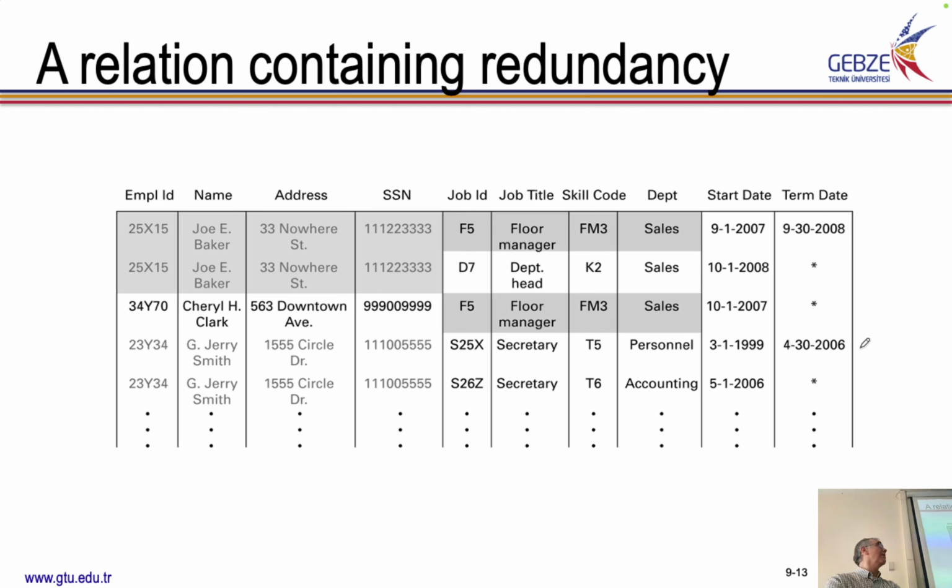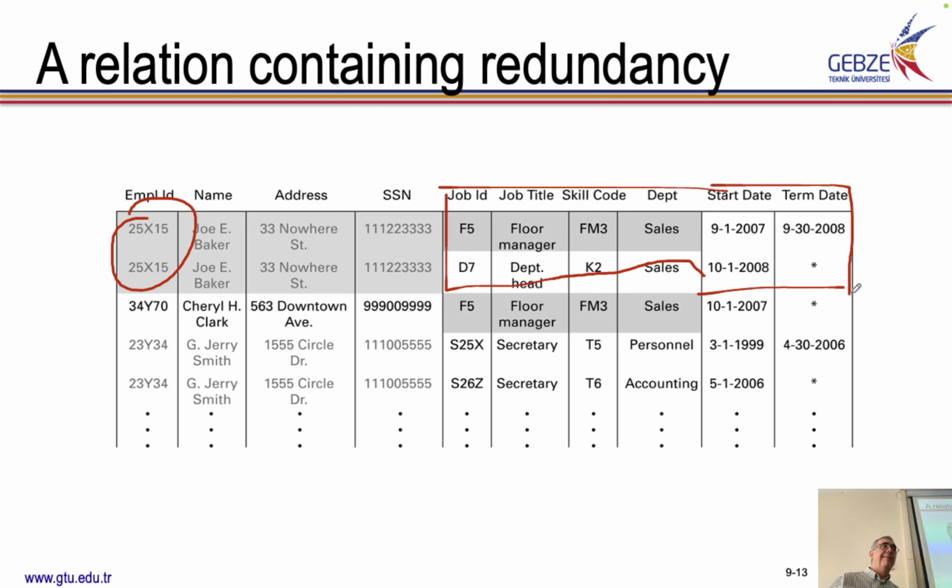I have two entries for the same person because he has two different job IDs. These are the same up to here, but these are different. Start date and end date are also different. That means I have to store it a different way. This is incorrect.